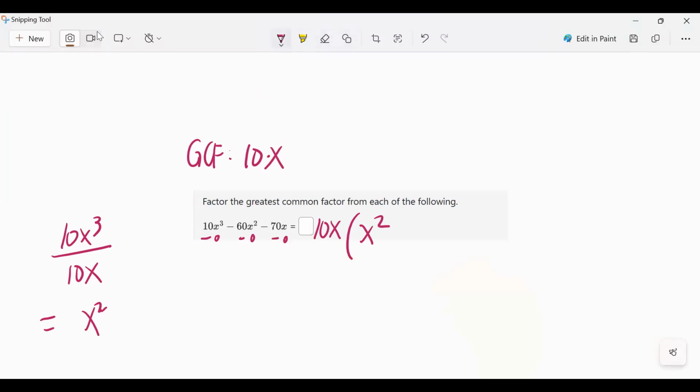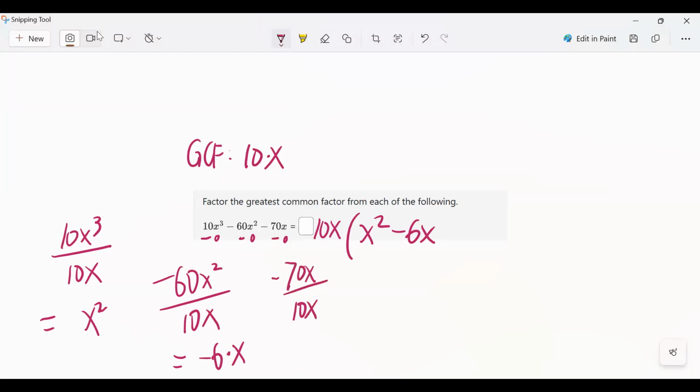Second term, we do minus 60x squared over 10x. Negative 60 over 10 is negative 6, and x squared over x is x. So minus 6x. The last one, minus 70x over 10x. Cancel the x, right? Minus 70 over 10 is minus 7.